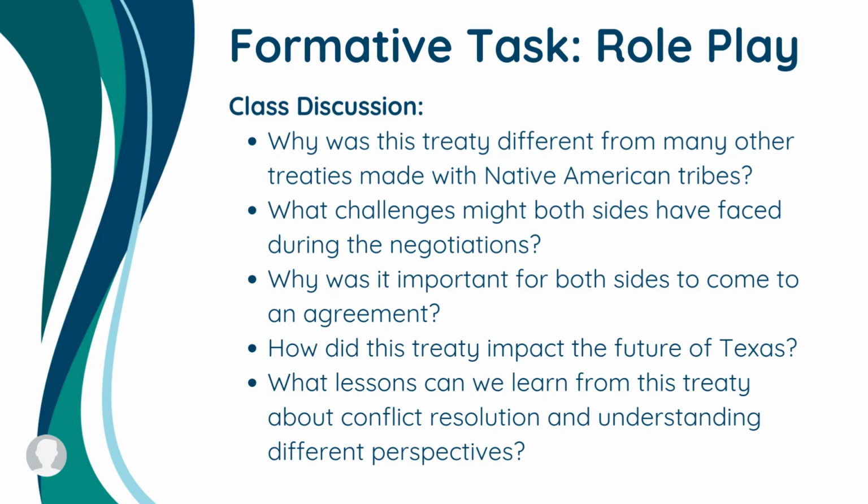This wasn't just a piece of paper, it was a lifeline for peace and coexistence. And then also, we want to look at how this impacted Texas's future and set a precedent. And finally, taking a look at what we can glean from this treaty about conflict and resolution and understanding various perspectives.